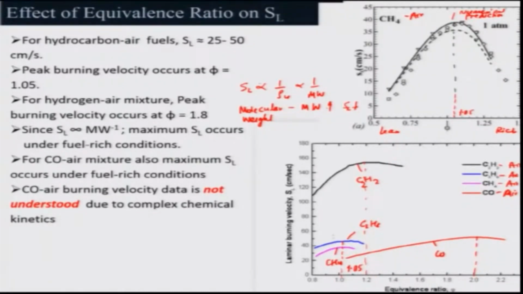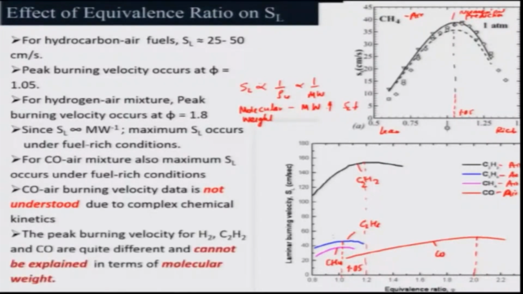But for CO air, the peak laminar burning velocity cannot really be understood so simply, which may be attributed to complex chemical kinetics, which needs to be explored further. So, as I told, the peak laminar burning velocity for hydrogen and C2H2 and CO are quite different, and it cannot be explained in terms of the simplistic view of the molecular weight of the mixtures, as we explained in the case of hydrogen air.